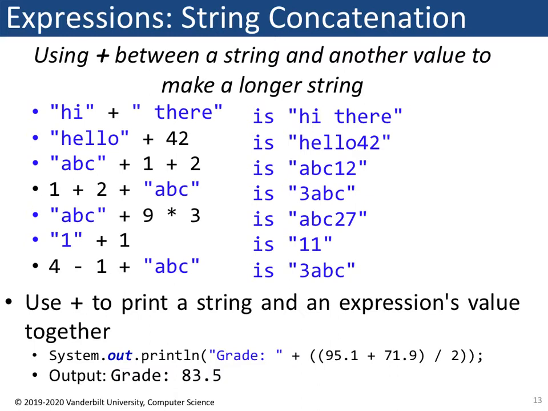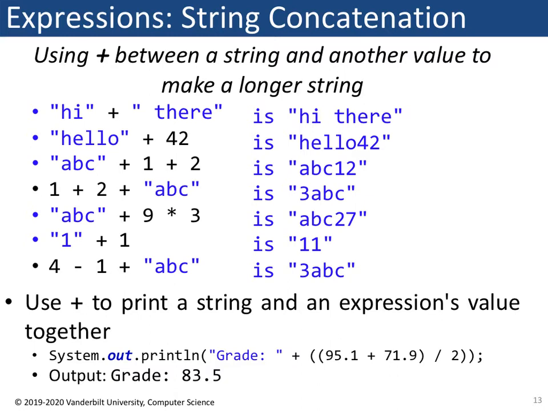In the next example, we have "ABC", which is a string, plus 9 times 3. Multiplication is a higher precedence than addition, so therefore multiplication is going to evaluate first. 9 times 3 is 27. Then we have "ABC" plus 27.